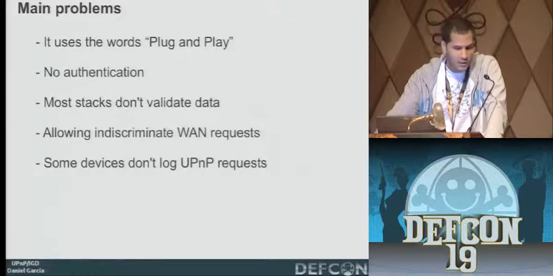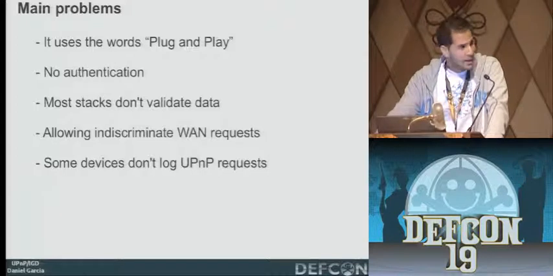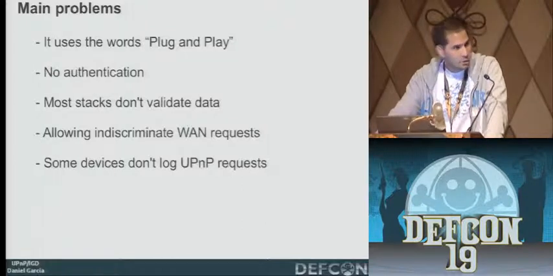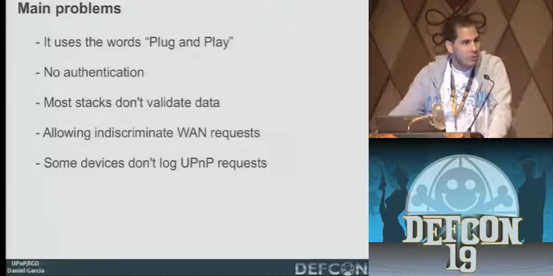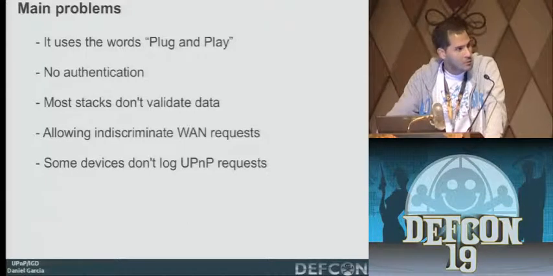There's also a ton of other problems. We have command execution on some stacks, and as you saw, denial of service and buffer overflows. In fact, denial of service is so bad that when I was programming Umap, the tool I'm going to showcase, I accidentally crashed my modem like 1,000 times, and I didn't even do anything. I'm just sending bad requests, and the device will go dead.